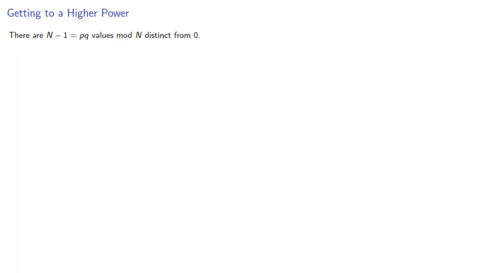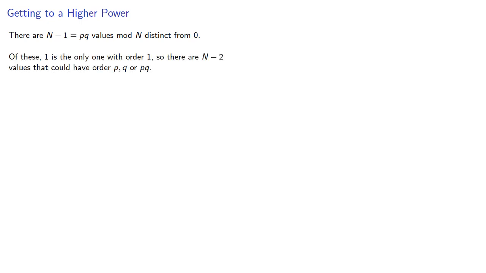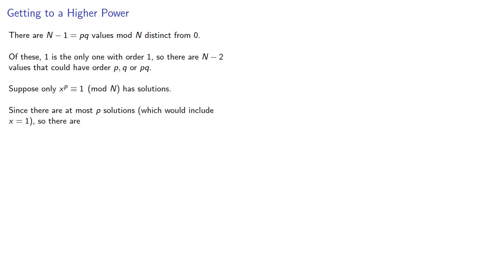So there are n minus 1, that's pq, values mod n distinct from 0. Of these, 1 is the only one with order 1, so there are n minus 2 values that could have order p, q, or pq. Suppose that only the first congruence has solutions. Since there are at most p solutions, which would include x equal to 1, there are n minus 1 minus p, that's pq minus p, values mod n that don't have order p or order 1.